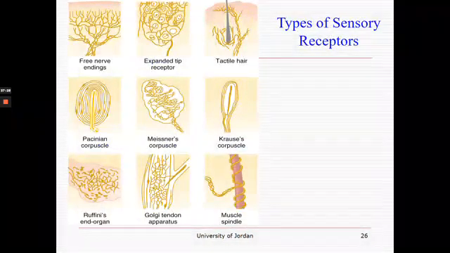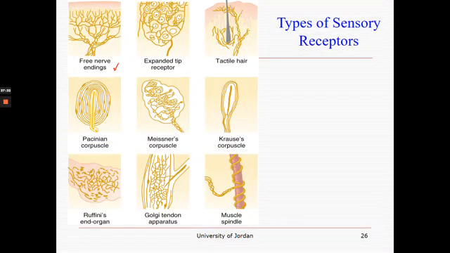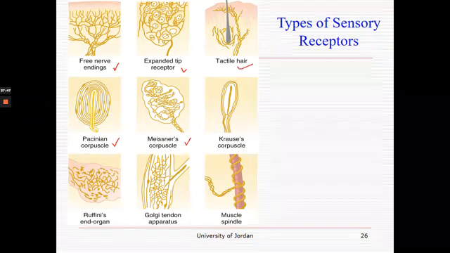These are the receptors. These are the free nerve endings down in the epidermis. This is the extended tip receptor, the tactile hair receptor. Pacinian corpuscle down in the dermis. They are like onion rings here. And this is the Meissner corpuscles down in the epidermis. Krause's corpuscle down in the dermis.